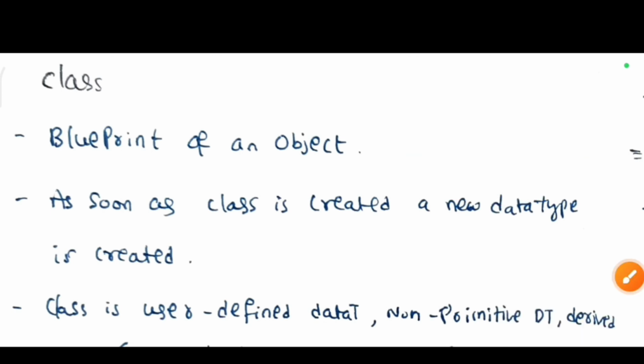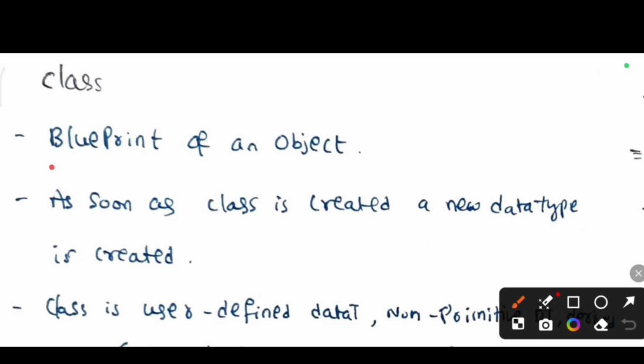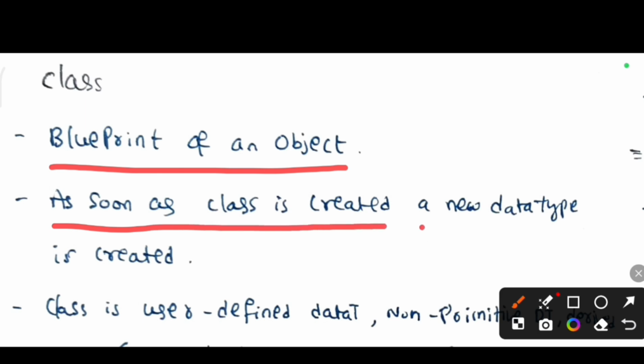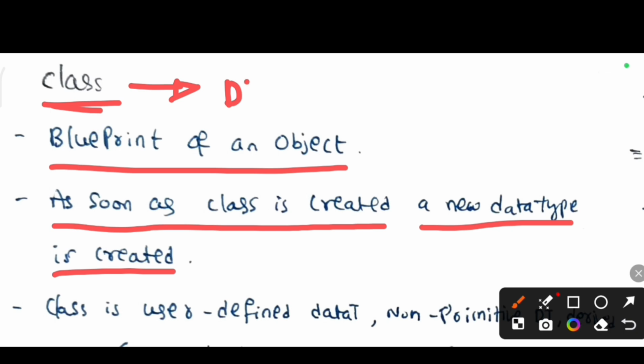Remember this. The class is the blueprint of an object, as we just discussed. As soon as a class is created, a new data type is created. So remember, class is a data type.